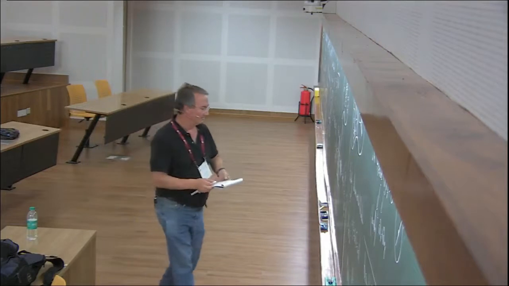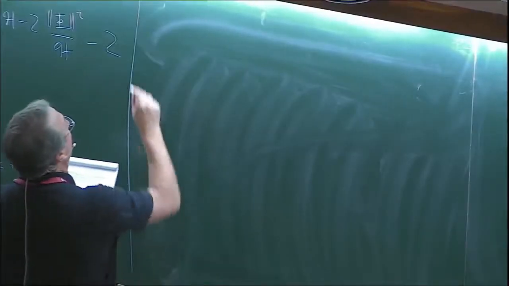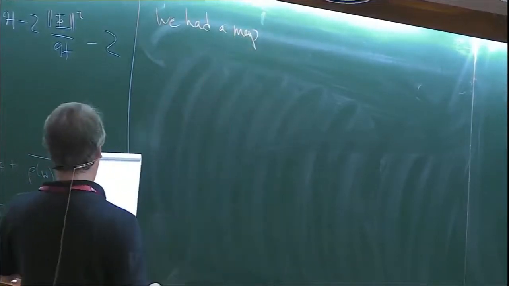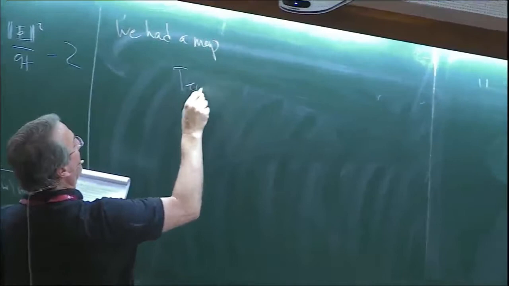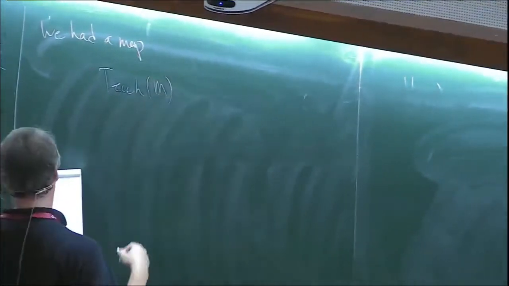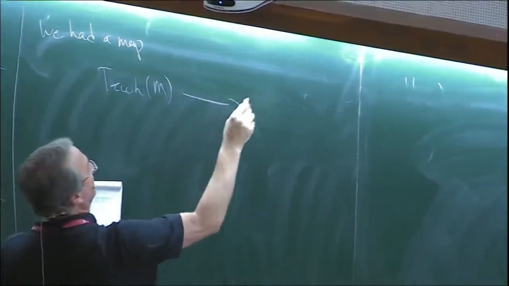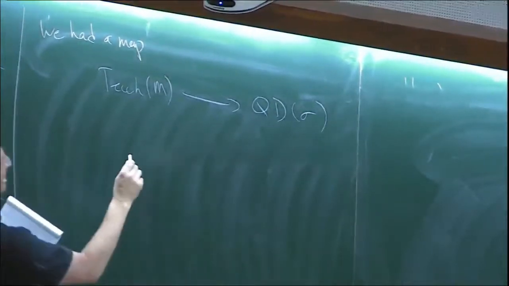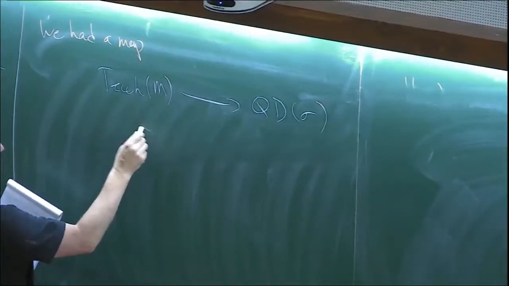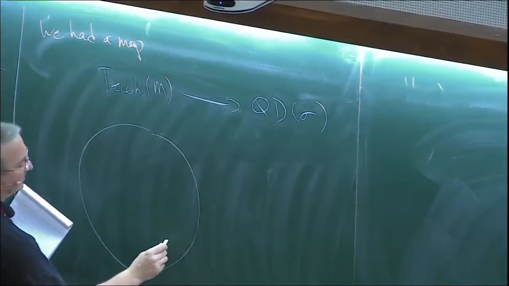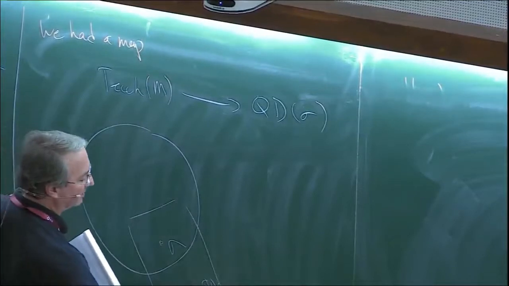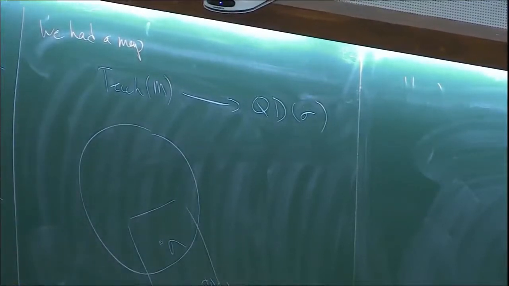Okay, back to the Teichmuller theory. So we had a map from the Teichmuller space of this surface M or S to these quadratic differentials on the base point, so here's the picture again. I have sigma. I have this vector space at sigma of the quadratic differentials.